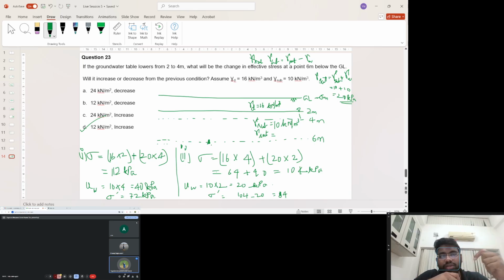So why is that? Because the material property is not going to change, but the water table, since it is getting down, there is an increase in the effective stress as you observe here. So if there is an increase in effective stress, that means the ultimate load acting on the soil from grain to grain contact is increasing.